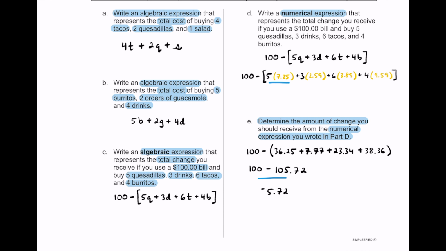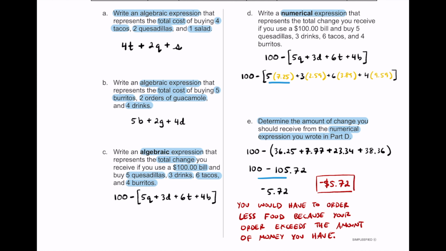$5.72. So technically, if you were writing an answer to this more application-based problem, you should say that this would be negative $5.72. But let's try to talk about this and make sure we understand what this represents. Basically, this means that you would have to order less food because the amount that you ordered exceeds the amount of money that you actually have here, given that you only had $100.